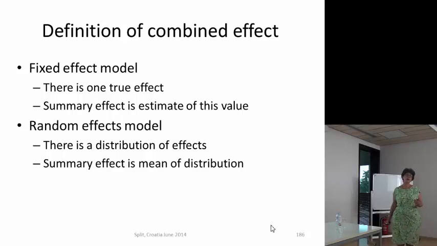In a random effects model, you believe there's a distribution of true effects, that the studies in your meta-analysis are a sample drawn from that, and therefore your mean overall effect represents a weighted mean of the distribution of true effects. And of course, you want to be very careful when you have a lot of heterogeneity about interpreting that mean and letting it serve as a standard for the whole distribution.